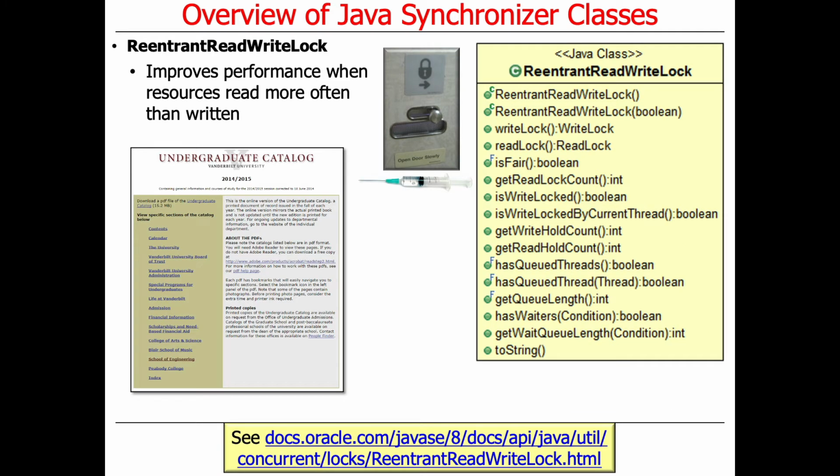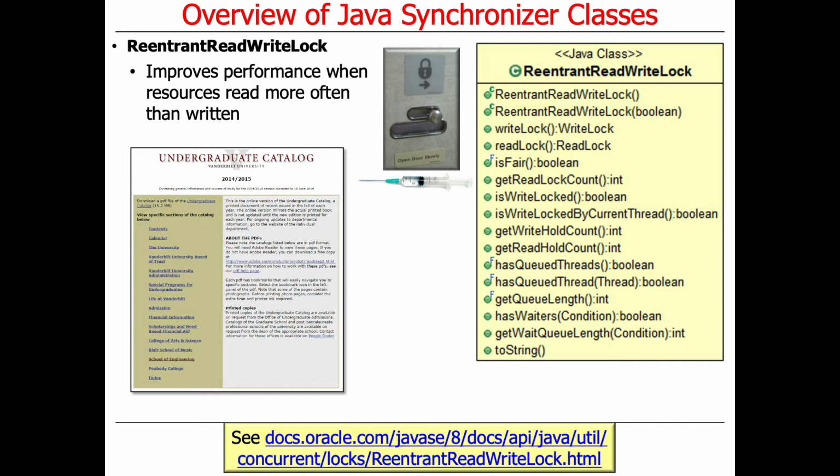Another variant of reentrant lock is called Reentrant ReadWrite Lock. This was designed originally back in Java 5, when the concurrent synchronizers were introduced in earnest into Java. It was intended to improve performance when a resource or resources are read far more often than they're written to.